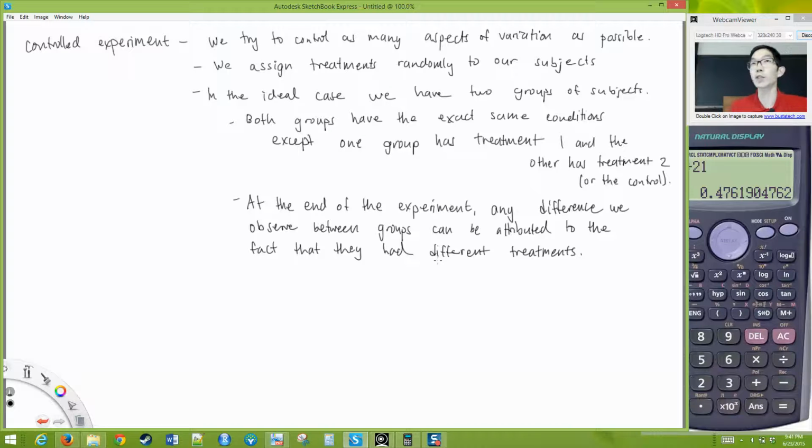Often you have the control group and the treatment group. And we assign the treatments. So we, the researcher, assign who gets which treatment.